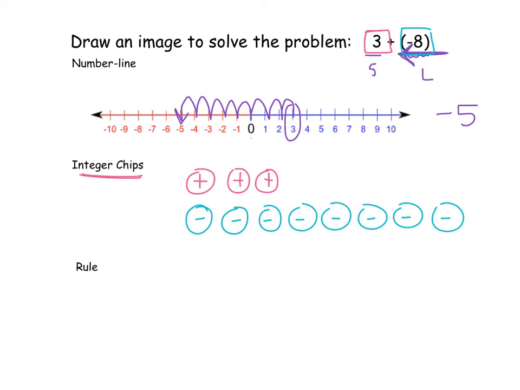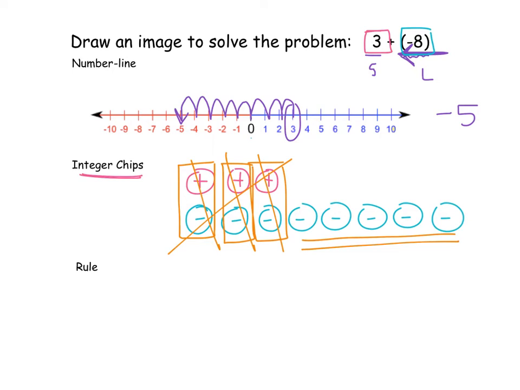And then remember, any chip that matches a positive and a negative together, this is why I draw them stacked, they're going to cancel each other out. So this is all gone, and then I'm left with what's over here. Well, if I count that up, that's 5 negative chips, or -5.